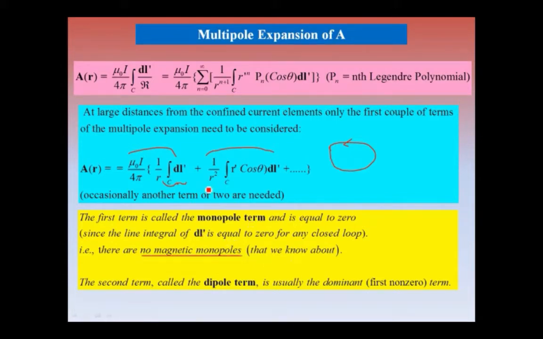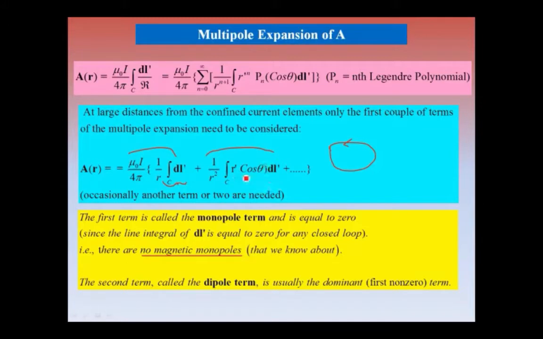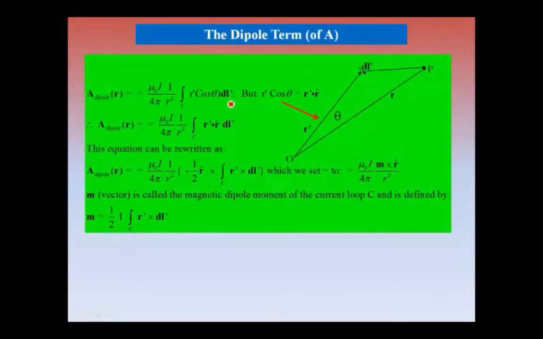The second term is for us the most important term, and that's the dipole term. And as I said before, this will tend to be the dominant non-zero term. So let's take a look at that term. Here's our dipole. Here's just rewriting it. But we recognize that this R prime dot R hat is equal to R prime times the cosine of theta.